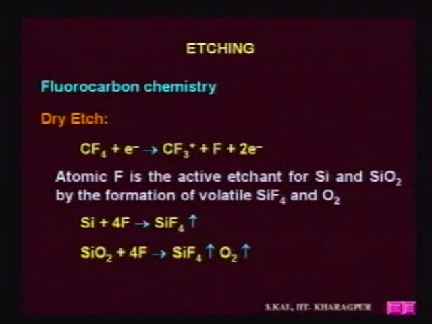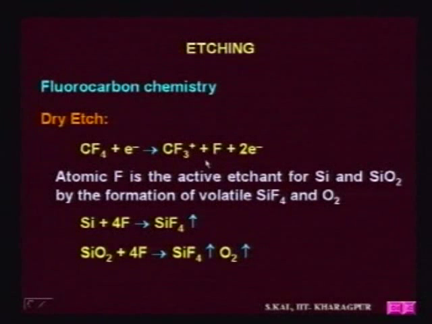We use some gas, and in this example we are using CF4, which is known as freon gas, and it reacts with electrons. When electrons are bombarded on the freon gas CF4, a molecular fragment CF3 plus is created along with a fluorine atom and 2 electrons.